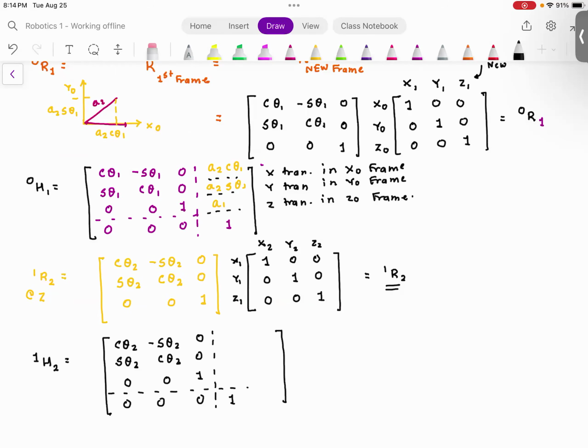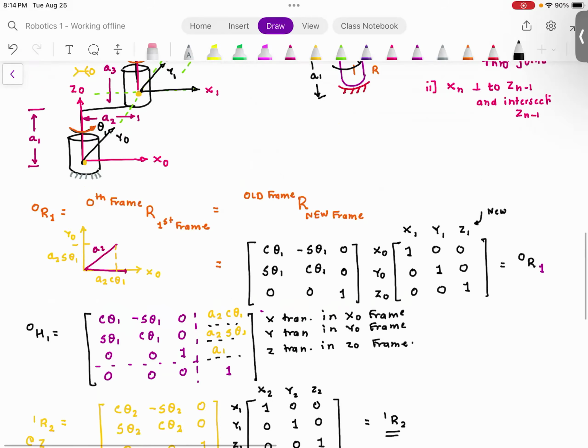That relative translation will be distance between frame 2 and frame 1 in the coordinate of frame 1. So basically x distance around x1, y distance around y1, and z distance around z1.